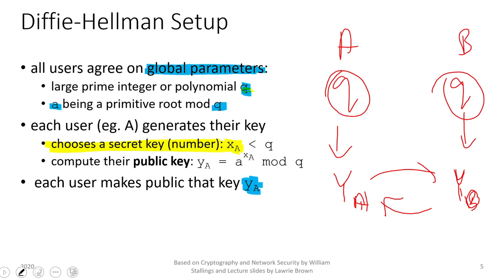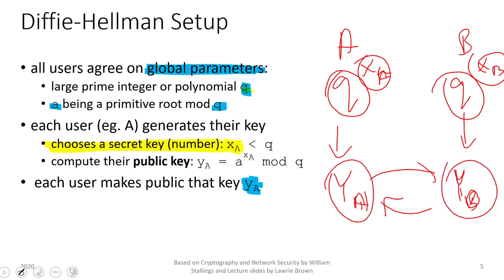So A would choose their own secret, XA, and B would choose XB. So now XA and XB are not known to anyone, that is kept secret. Only YA is shared, and using YB and XA is what we get the KAB. So that is the common key.